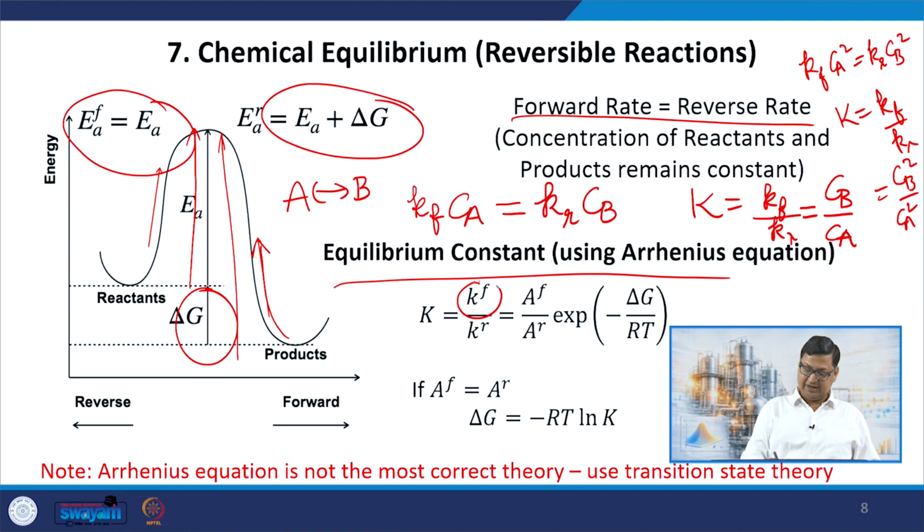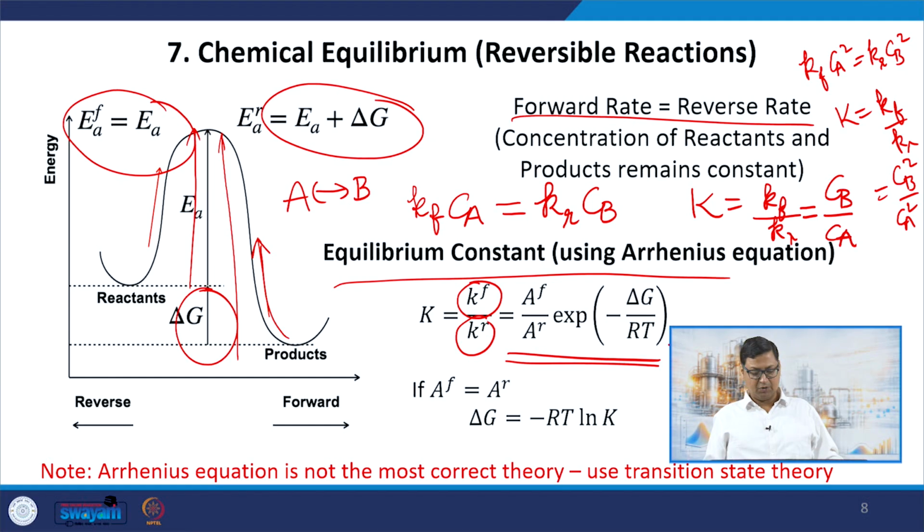And for kF and kR, I just put it in superscripts now. We still use that Arrhenius equation, and if we do that, we can get a relation like this. And provided that I take this pre-exponential factor to be the same, I can recover the relation that you may have seen, delta G is equal to minus RT ln K, right?